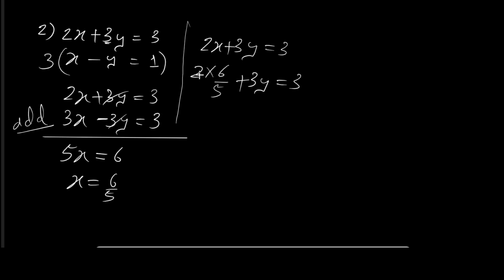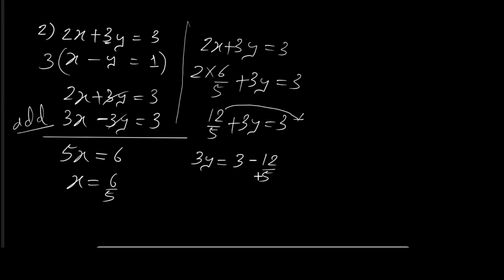So if you multiply, it will give us 12 over 5 plus 3y equals 3. So I'm going to take this fraction to the right side of the equation. So 3y equals 3 minus 12 over 5.